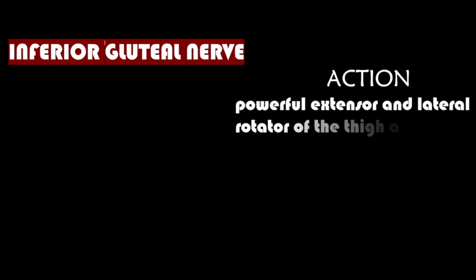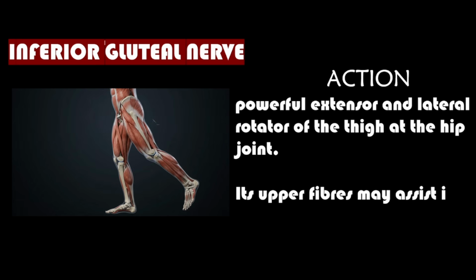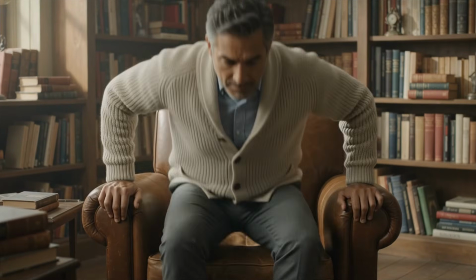It is innervated by the inferior gluteal nerve. Although it is used in standing and walking, it is most important as a powerful extensor at the hip when the trunk is being raised from the flexed position, like when rising from a sitting position or in climbing stairs.